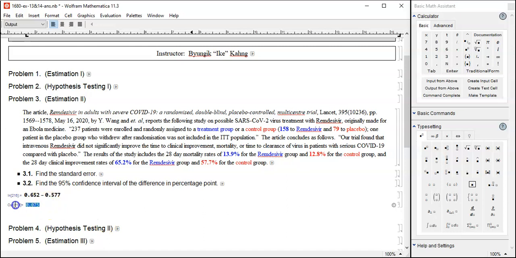So the observed difference is 0.075 or 7.5% difference. So you'll have to get an appropriate normal figure around this difference, 7.5% point.